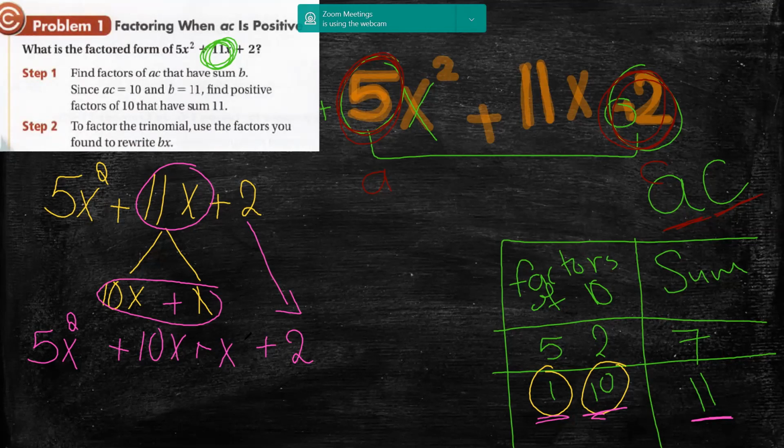But here you write the factors of 10, and you say that the two factors, if you add them, you get 11. Yeah, they are 1 and 10. Now bring this 1 and 10 and rewrite them here, because if you add 1 plus 10, you get 11. 10x plus x gets 11x.